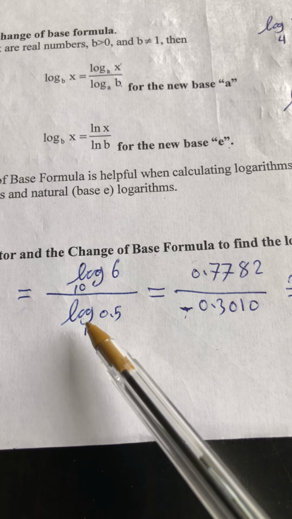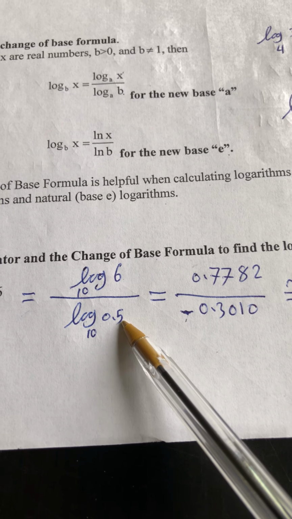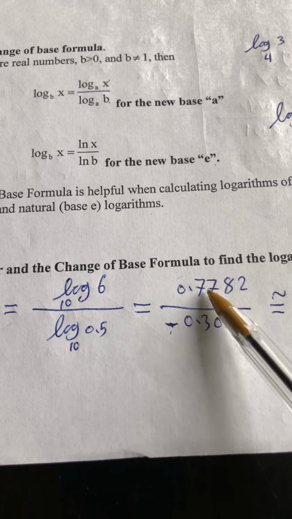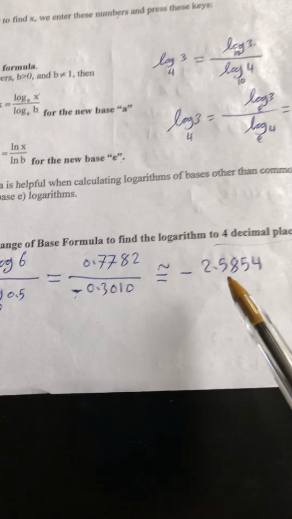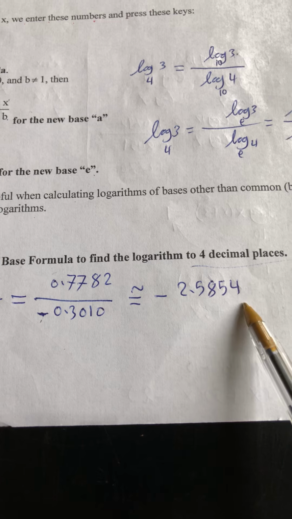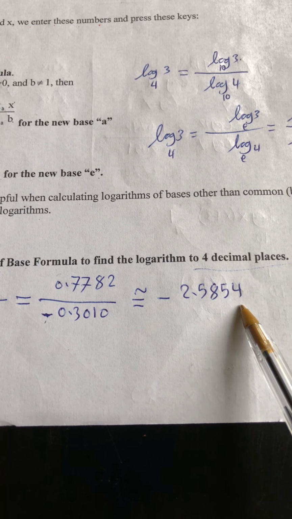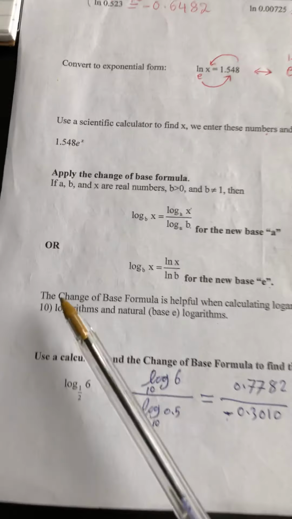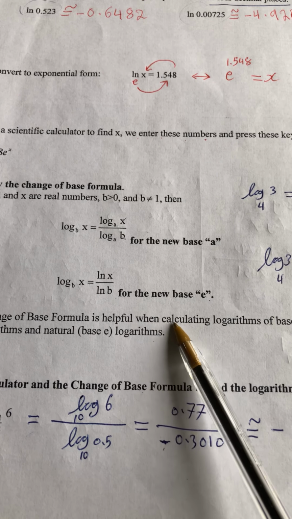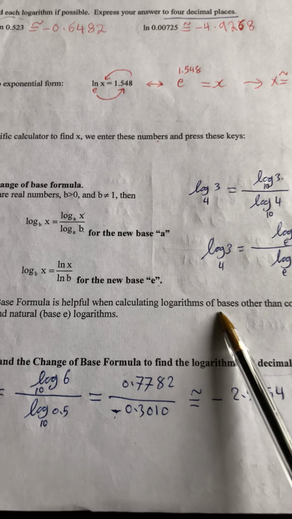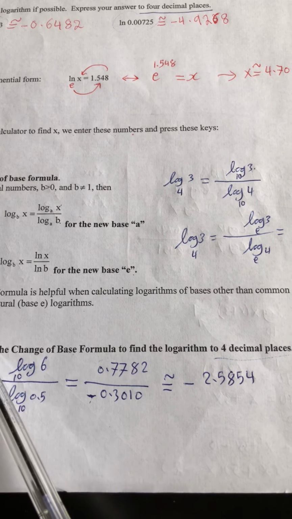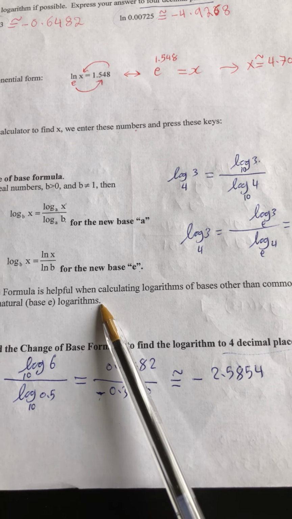Also use the calculator to find log 0.5, which is equal to negative 0.3010. Now divide. The answer is equal to negative 2.5854. So the change of base formula is helpful when calculating logarithms of bases other than common logarithms and natural logarithms.